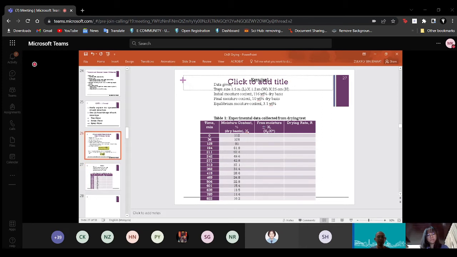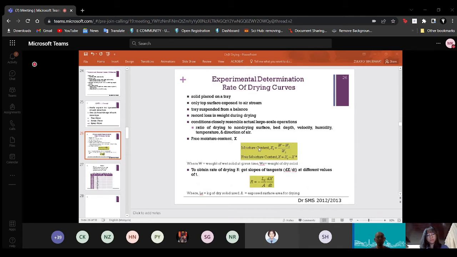Okay, that's why dekat dalam graph ni, dalam table ni, you have free moisture. Okay, sebab if you remember when I mentioned, the first graph gonna be free moisture versus time. Okay, free moisture versus time.